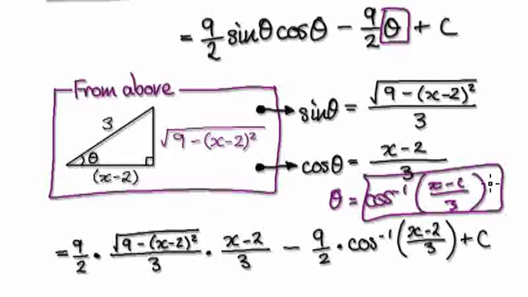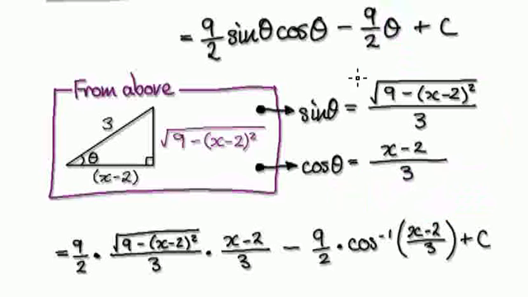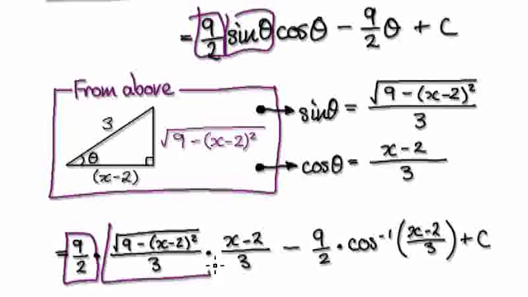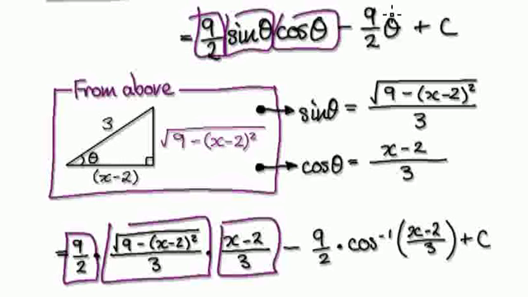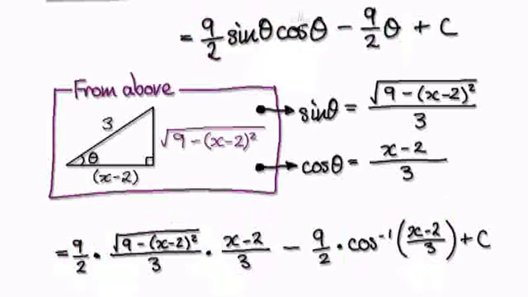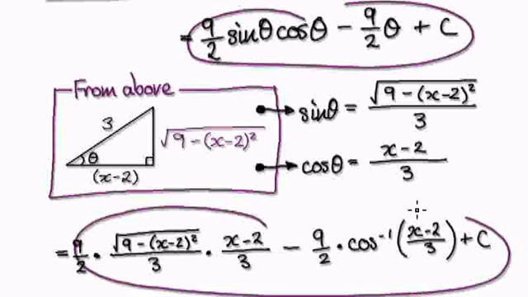So you can then put this into this thing here. Okay, so this thing here is this. Sine theta is this bit here. Cos theta is this bit here, and theta here is this thing here. Okay, so from here, that will then take you to this.